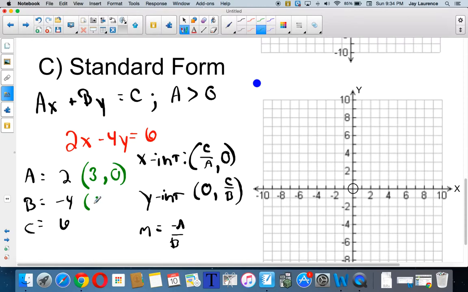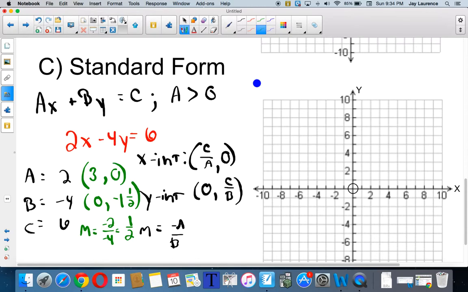My y-intercept is going to be 0, and I believe it's going to be negative 1.5. Now, graphing negative 1.5 isn't that hard to do, but if I could be at an intersection of 2 integers, it's a little bit easier. So my slope is going to be the negative of a over b, or better yet, just plain old 1/2.